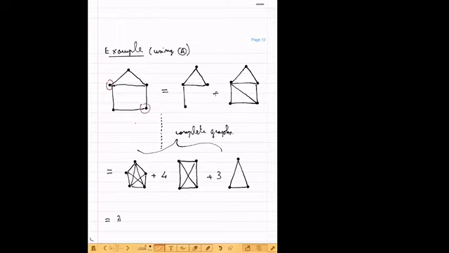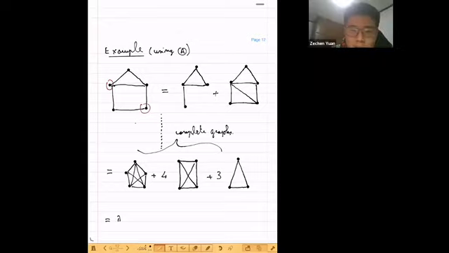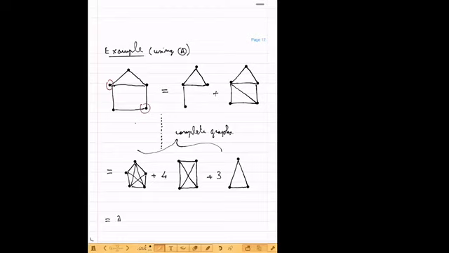So this is lambda times lambda minus 1 up to lambda minus 4, plus 4 times lambda times lambda minus 1 times lambda minus 3, plus 3 times lambda times lambda minus 1 times lambda minus 2.